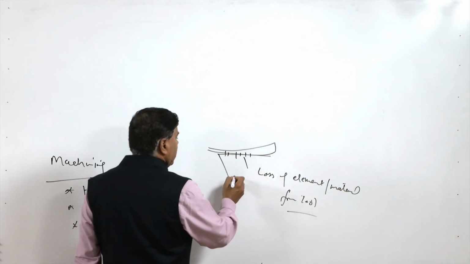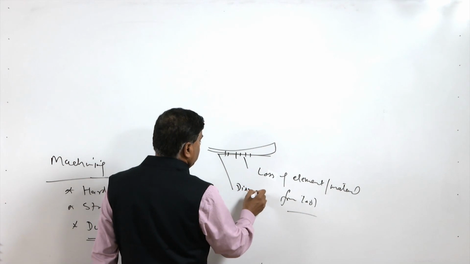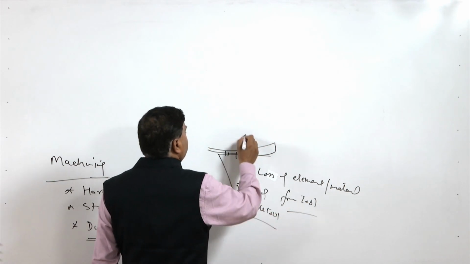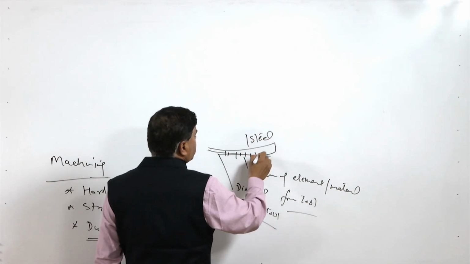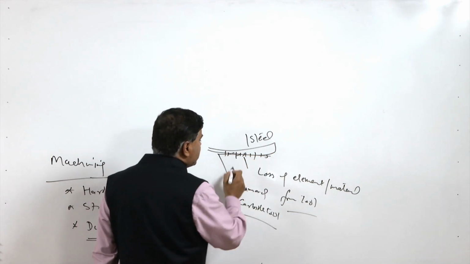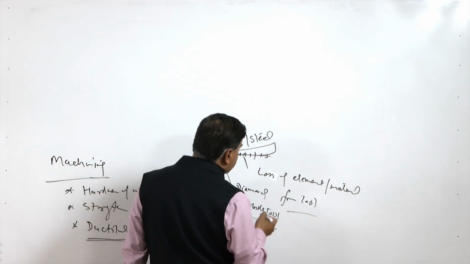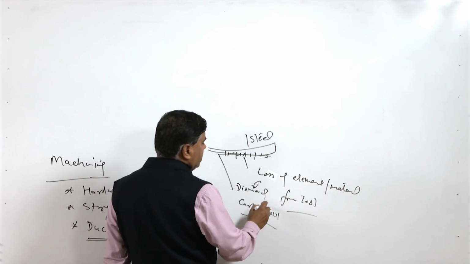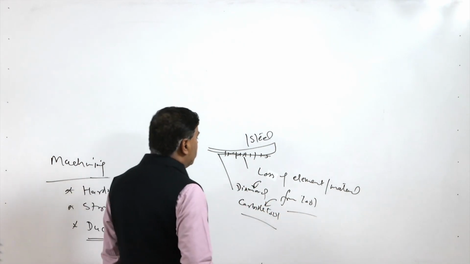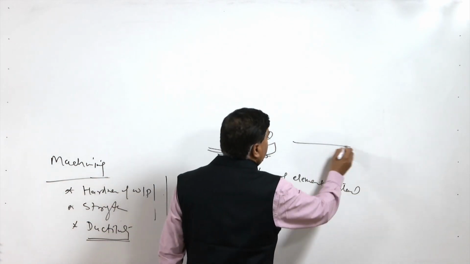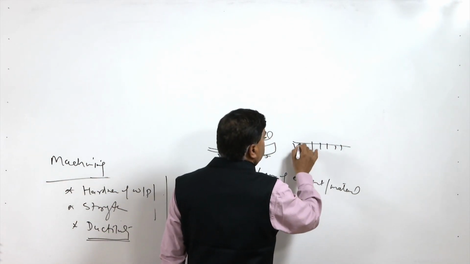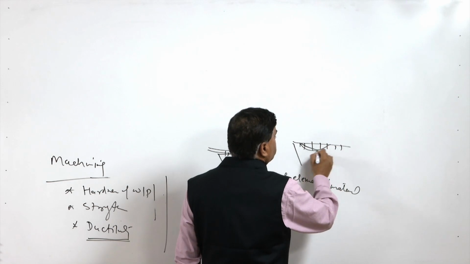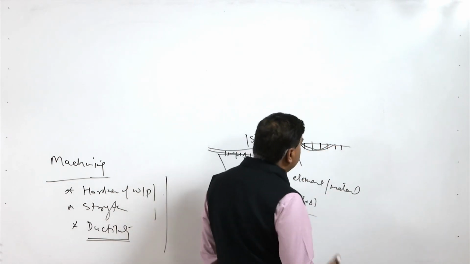For example, if diamond or carbide tools are used, then the steel interacts with the tool material and carries away some, and this interaction leads to the loss of elements in the form of carbon or the carbides which are there in the tool. The loss of these elements leads to a weakened zone of the flank or face of the tool, and this in turn leads to the formation of a crater on the face of the tool.